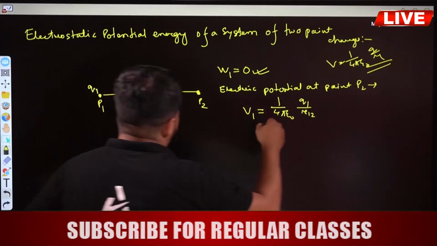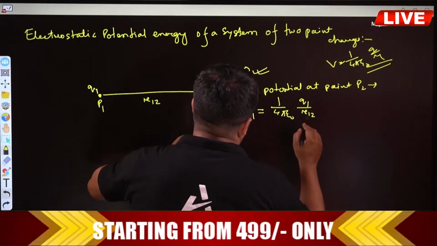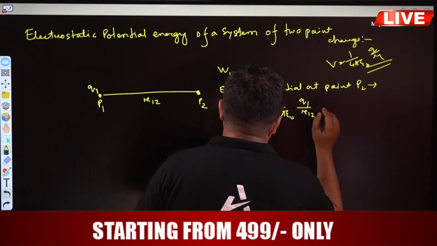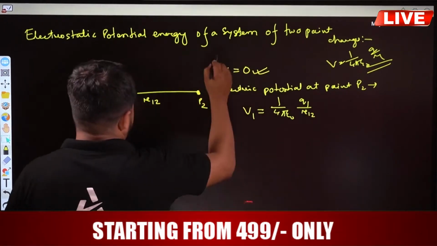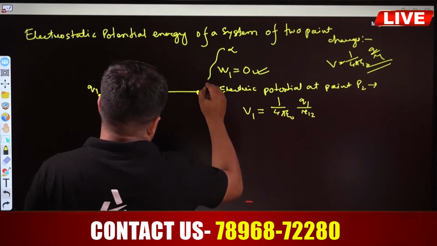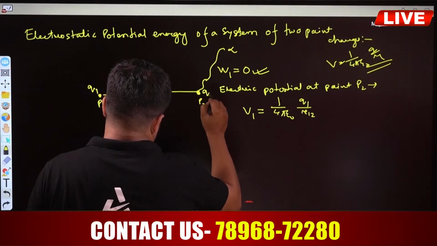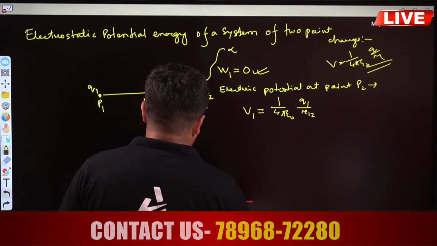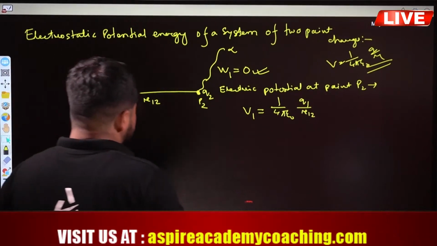So another one, electric potential at particular point P2, what is the work done? V1 is equal to 1 by 4 pi epsilon naught Q1 by R12. Now if we bring another charge Q2 here from infinity, what is the work done here?